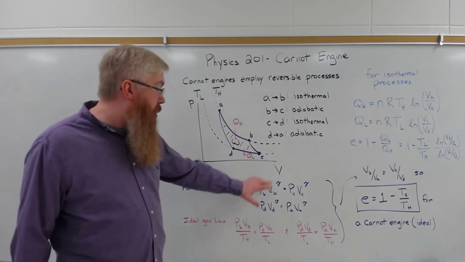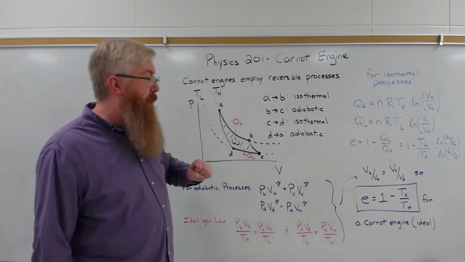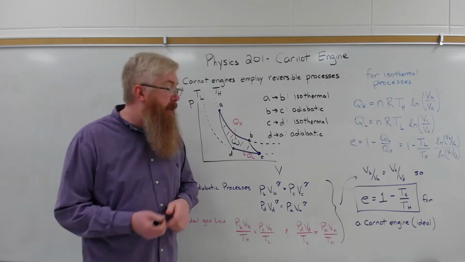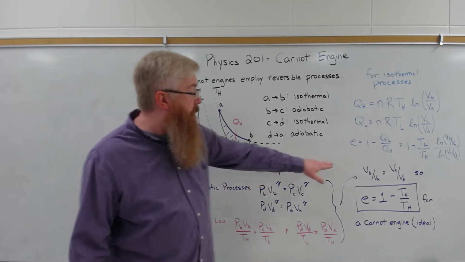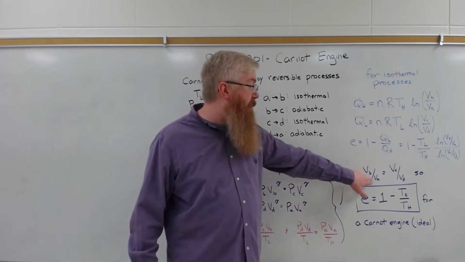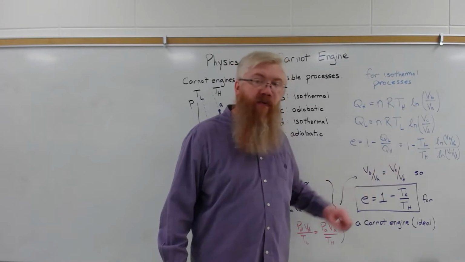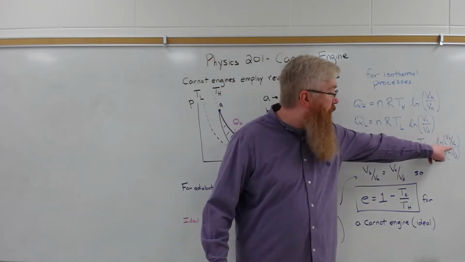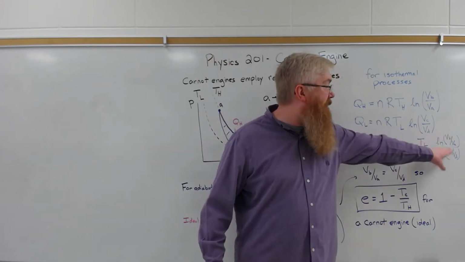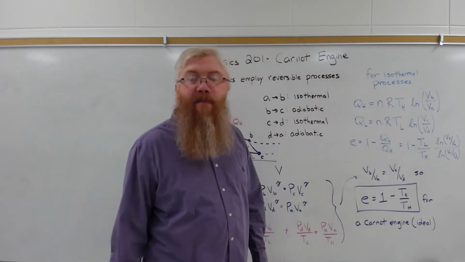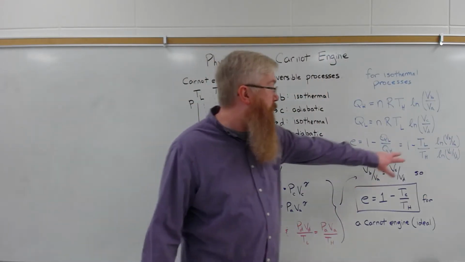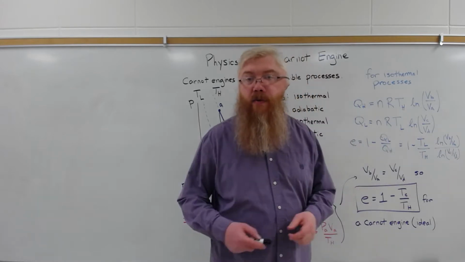I won't do it on the board here, but you can follow along in your book if you'd like. You can show using these equations that the volume ratio VB over VA is equal to the volume ratio VC over VD. And since these ratios are the same, it's the same logarithm on the top and the bottom, so that ratio of logarithms is equal to 1.